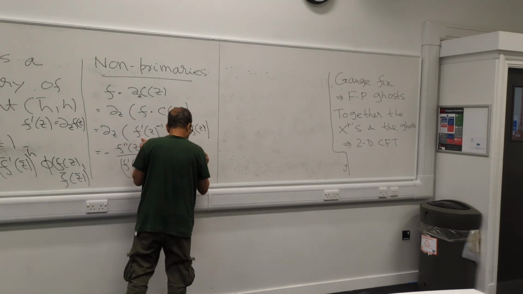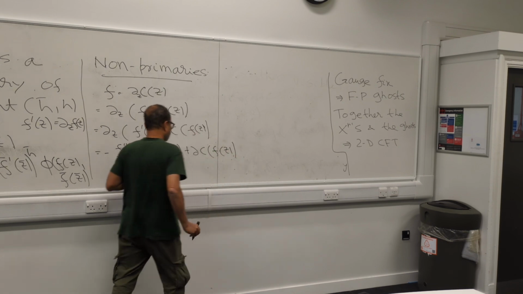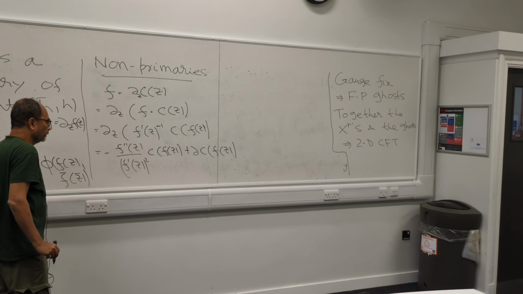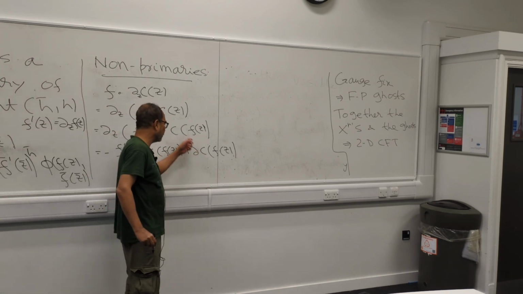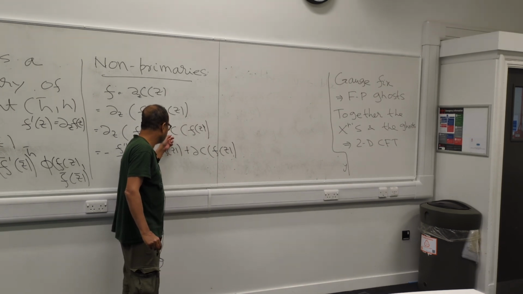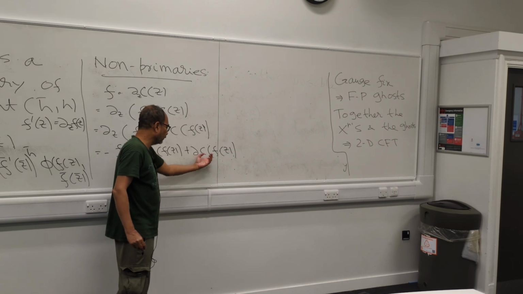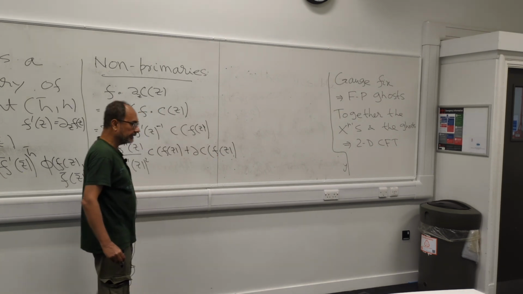So that just gives you derivative of c of f of z, where this means derivative with respect to its argument. By chain rule I have just pulled out the f prime of z and cancelled it against this.